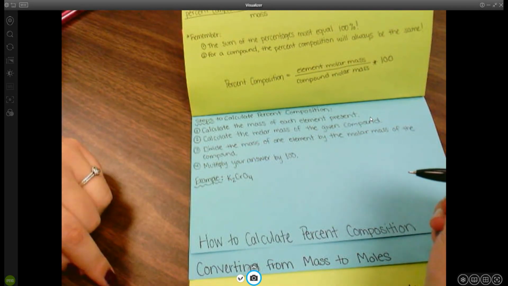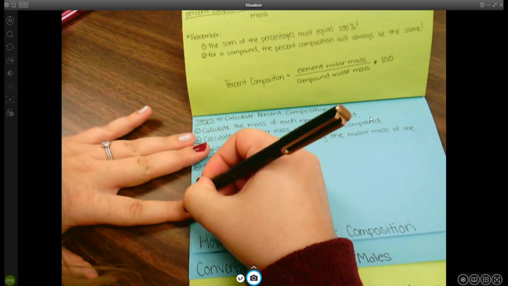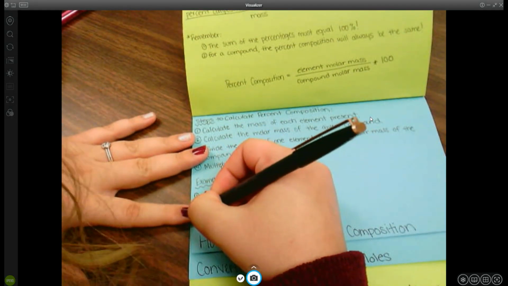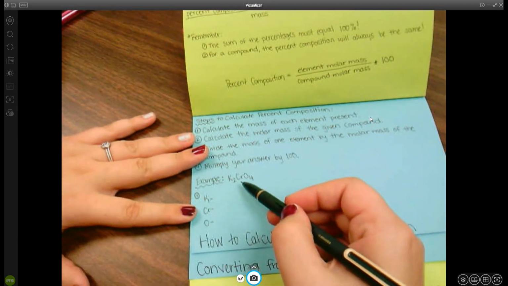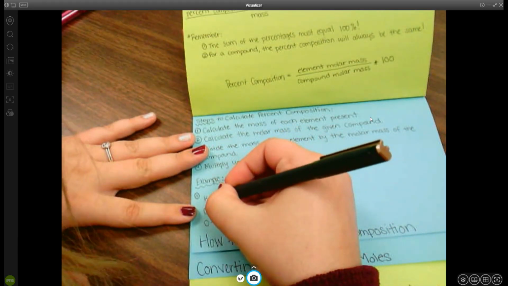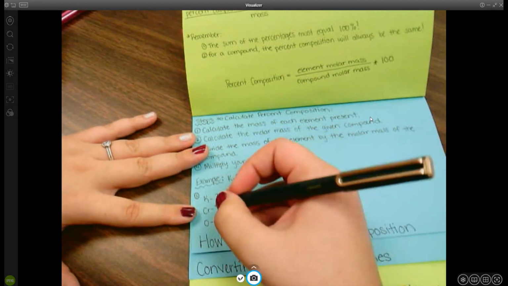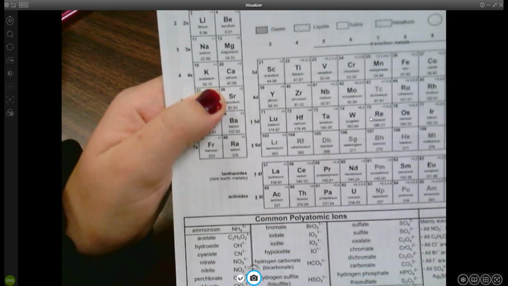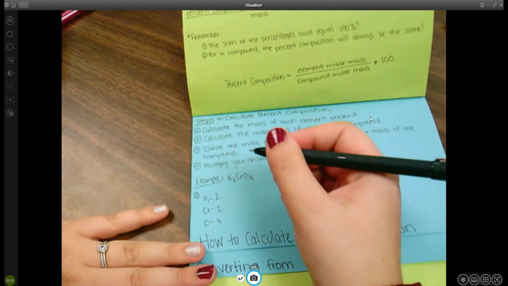Step 1, calculate the mass of each element present. I'm going to label this for you so you know which part is which step. So we have K, Cr, and O. Looking at our formula, we have 2 potassiums, 1 chromium and 4 oxygen. Looking at my periodic table, the atomic mass of potassium is 39.1 grams per mole.